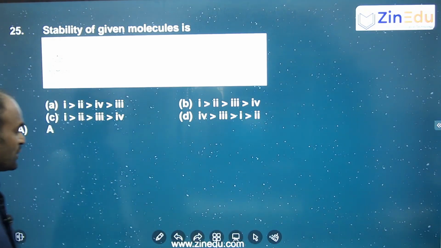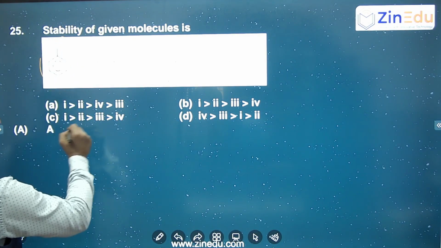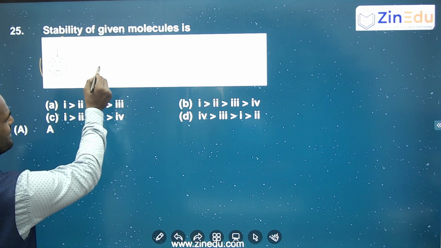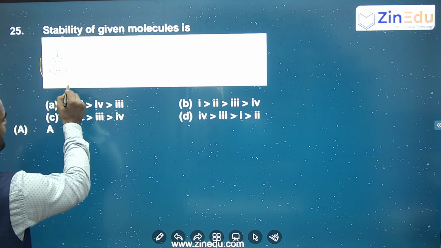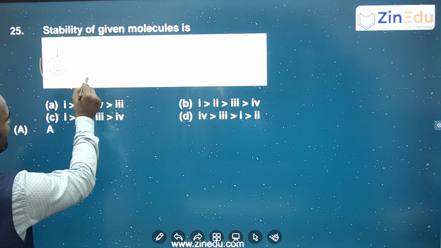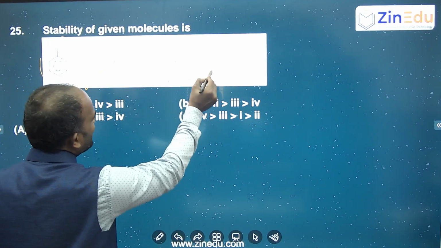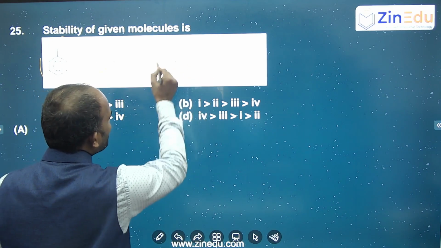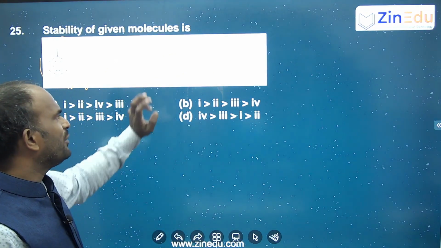Next, carbocation stability. Here I have a benzyl carbocation. Another one is a secondary carbocation. The benzyl carbocation is more stable when compared with this one. Next, this is sp hybridized, this is sp2 hybridized. When electronegativity is more, the s character is going to be increased.